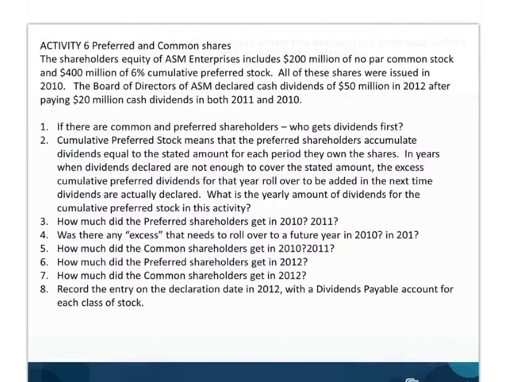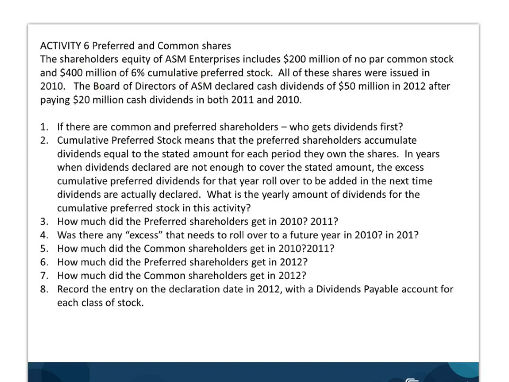Common cash date activities is cumulative preferred shares. So looking at a cumulative preferred share example gives us a chance to talk about what that means. So a couple of things. We have $200 million in common stock. It's no par. We have $400 million of 6% preferred stock.